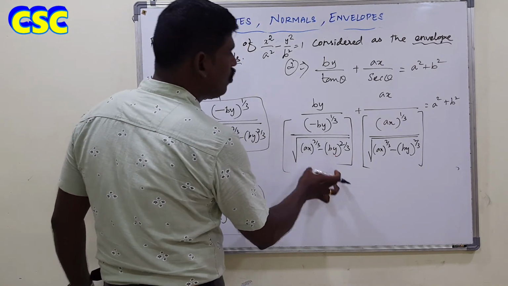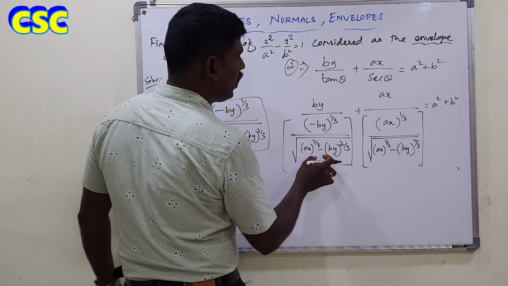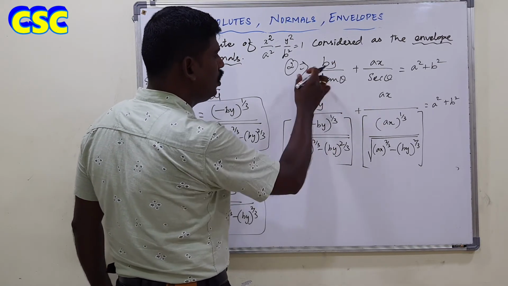Now this goes to the numerator. Reciprocal multiplication, this goes to the numerator.